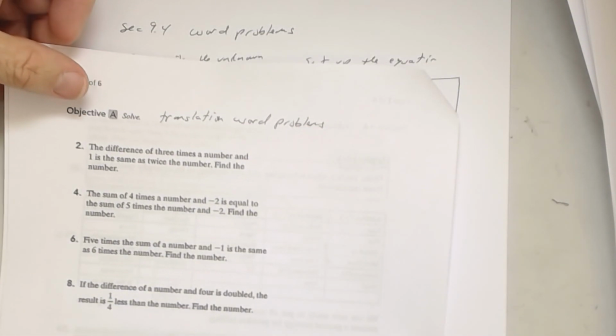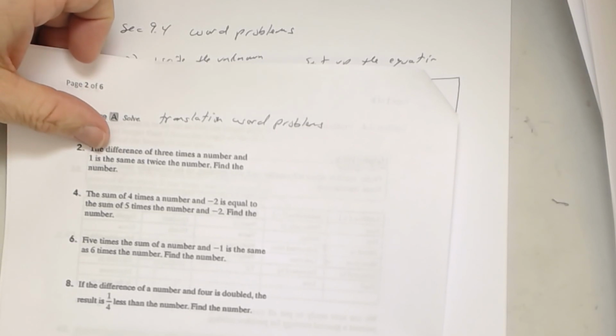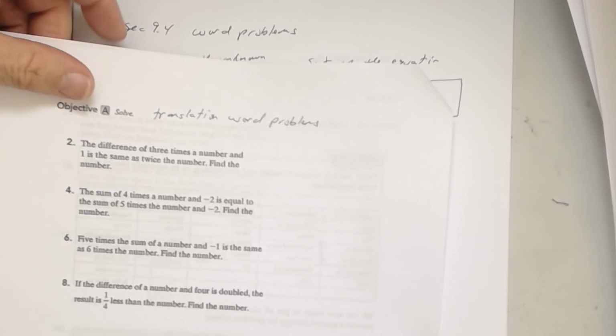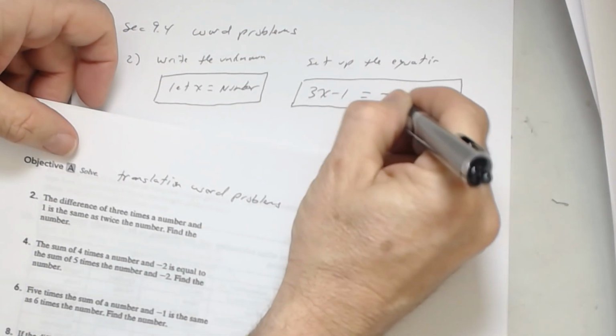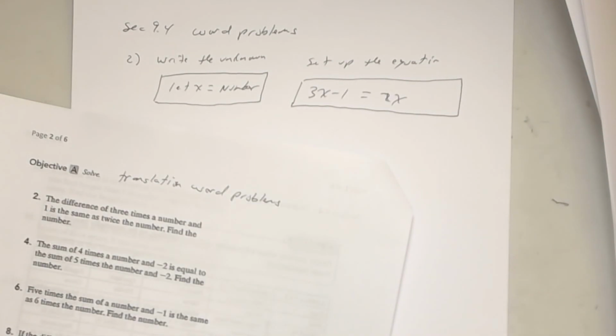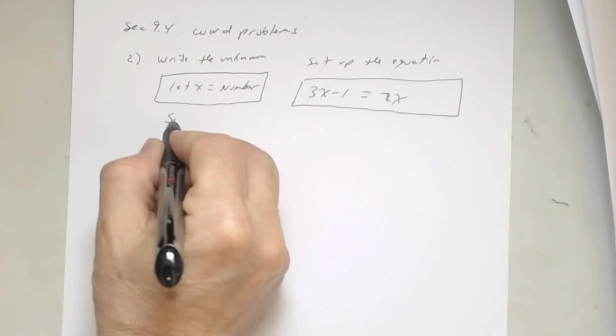That's that first part. Is the same as, equal, twice the number, 2x. So knowing things that we've talked about before helps you with this. There's your equation. And now all you got to do is just solve the equation. So the next part is solve the equation.